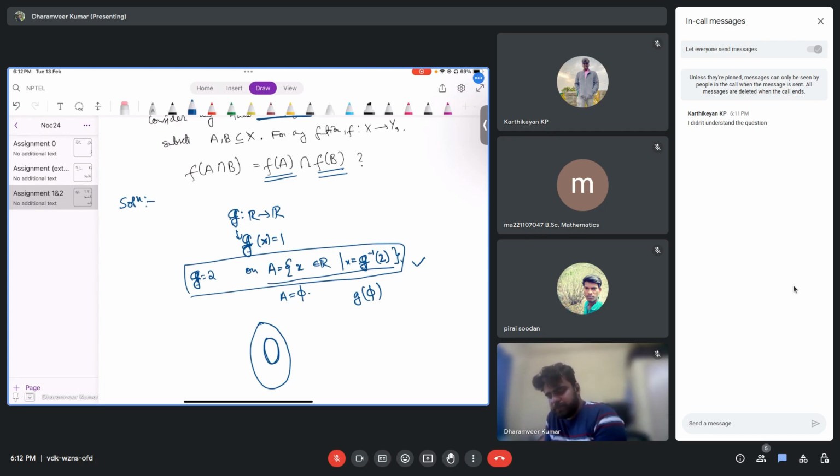Given g, a is phi. Is that clear? Right. So how do you write g of phi? Can you define it? What is that set?